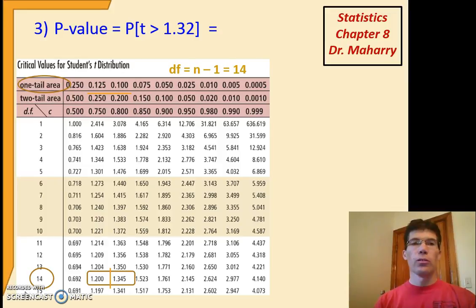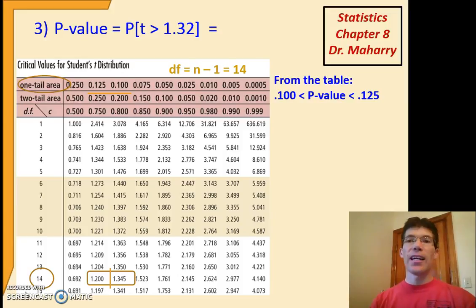So 1.2 corresponds to a one-tail area of 0.125, and 1.345 corresponds to a right tail of 0.10. So 1.32 would have a tail area somewhere in between there. So from the table I could conclude that the p-value is somewhere between 0.100 and 0.125. Notice I can't find the t-value exactly in the table.